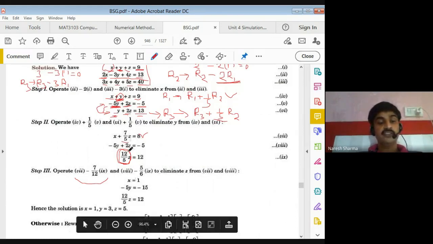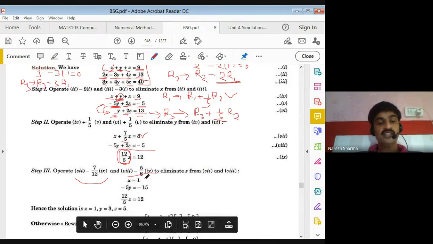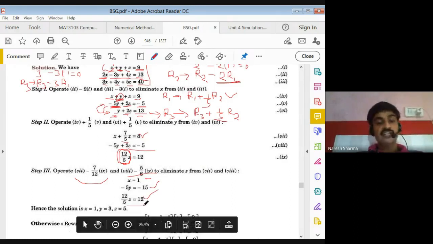So you can eliminate z from the first equation. By using this you can eliminate z from the second equation. So from the first equation we have x only, second we have y only, third we have z only, that is the diagonal form. From the last we can get z, from the first we can get x, from the second we can get y easily, without using back substitution, right? So that gives you x is 1, y is 3, and z is 5.